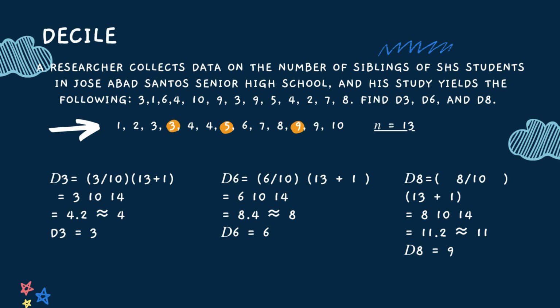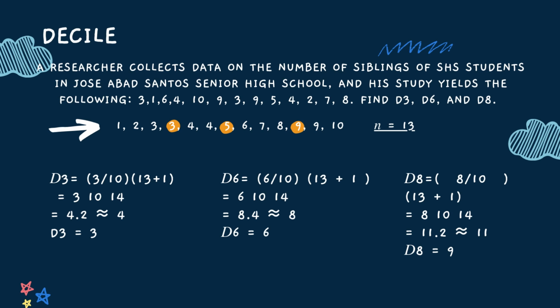So 13 plus 1 is 14. Then 3 divided by 10 multiplied by 14 is equal to 4.2. Let's round that down, since the 2 is not a greater number.